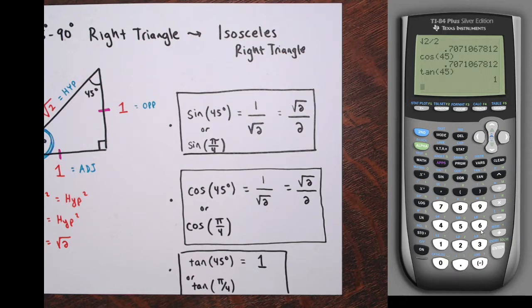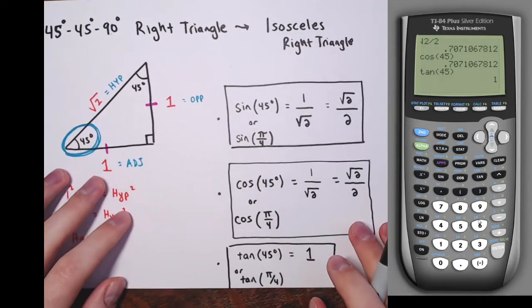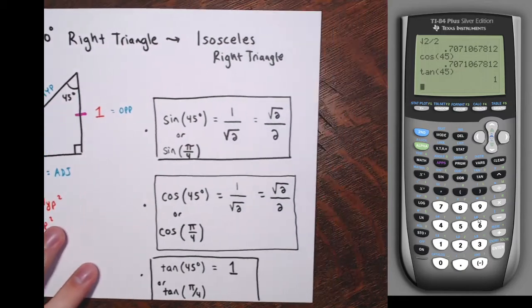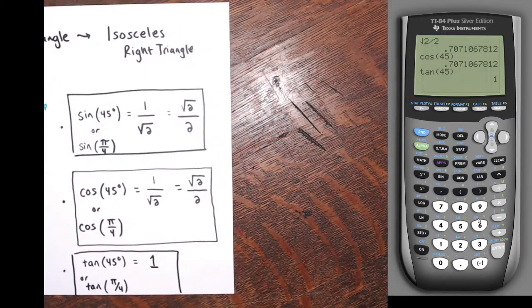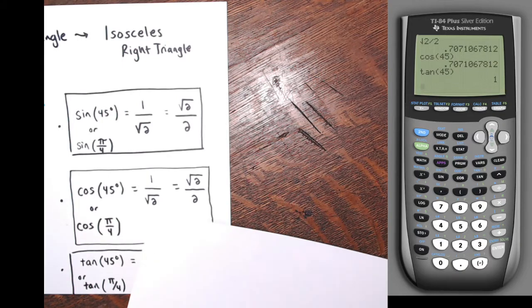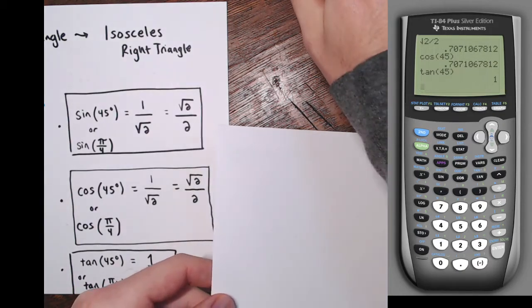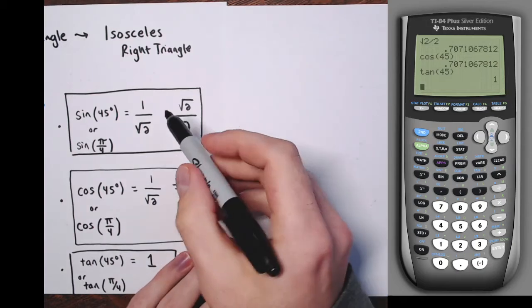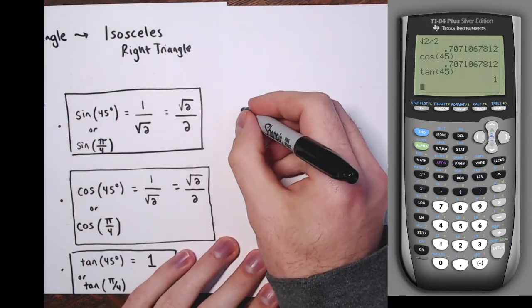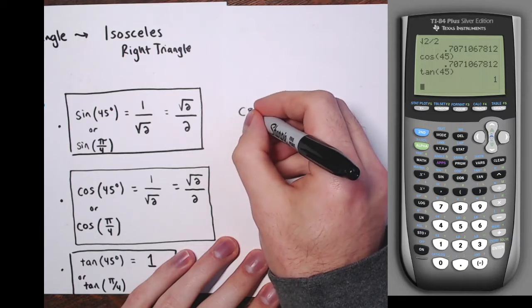All right. Then, if you wanted the other 3, remember the other 3 were the reciprocals of these. All right, the other 3 ratios. So remember this was the sine of a 45-degree angle. The reciprocal was the cosecant, right?